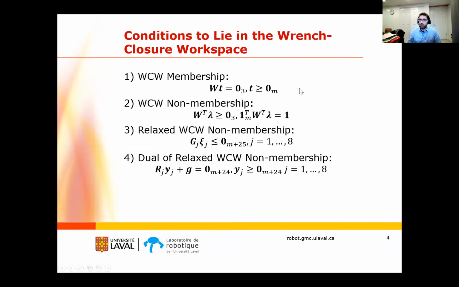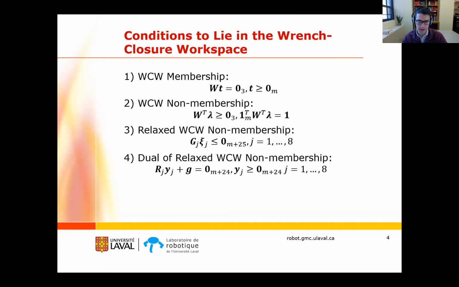Which one? That's a good question. I guess I'm trying to understand which one. At the end of the day, you're using the 4th one, right? The dual of the relaxed. Yes. But at this point, once you're relaxed, you're linear, because it's a linear relaxation. Okay. So that is then a linear equality and inequality constraint, right?